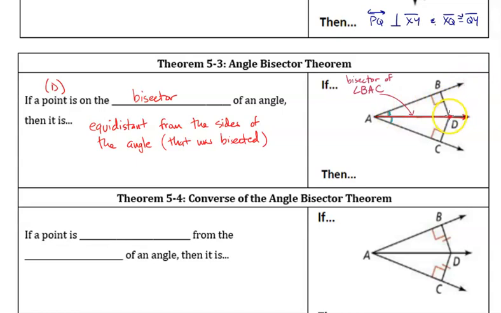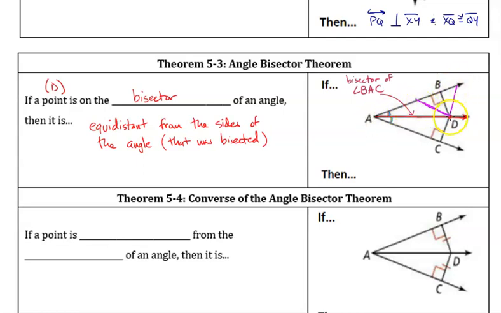If I drew a segment from D over to this ray that way, or a segment from D over to this ray that way, that would not necessarily represent the distance that D is from that segment.